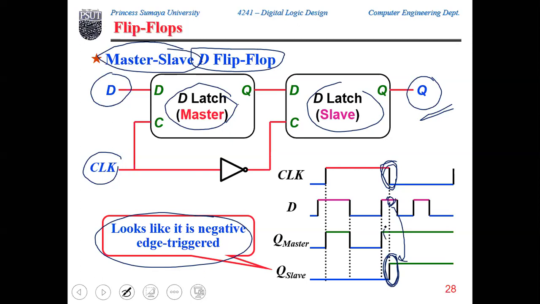The last value that we have for the master is the value that we will propagate, or give, to the slave. So the value that appears here is a slave for the value that is here at this instant of time. That's why one is called the master. It is the master that controls the value that we see at the output.